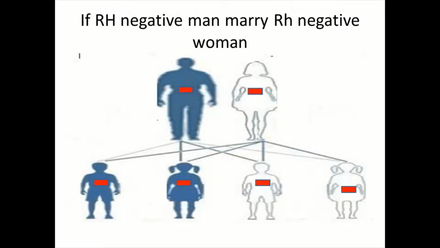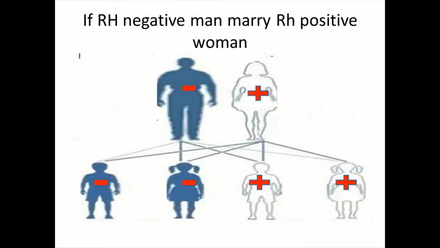The second case is if the husband is Rh negative and the wife is also Rh negative, and she conceives. The offspring will all be Rh negative. Because the mother has no Rh factor and the offspring have no Rh factor, they are compatible, so no problem will occur to the fetus.